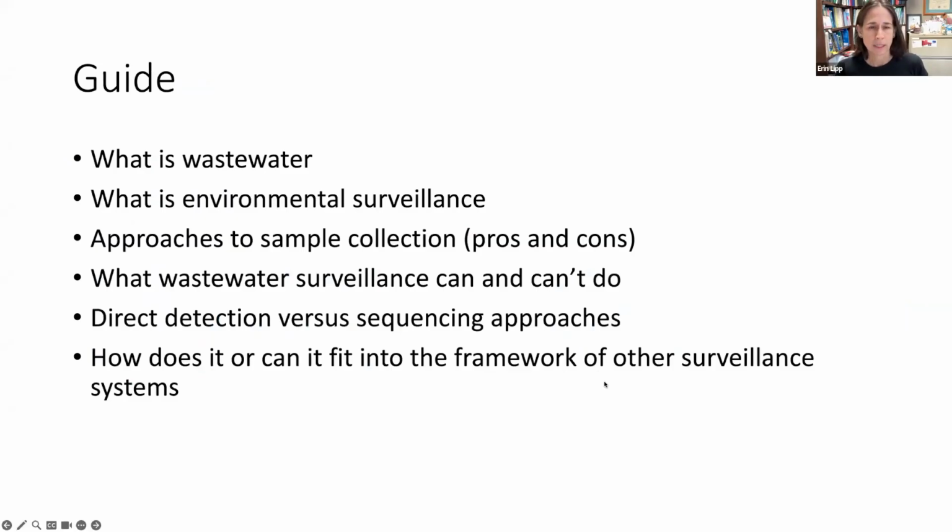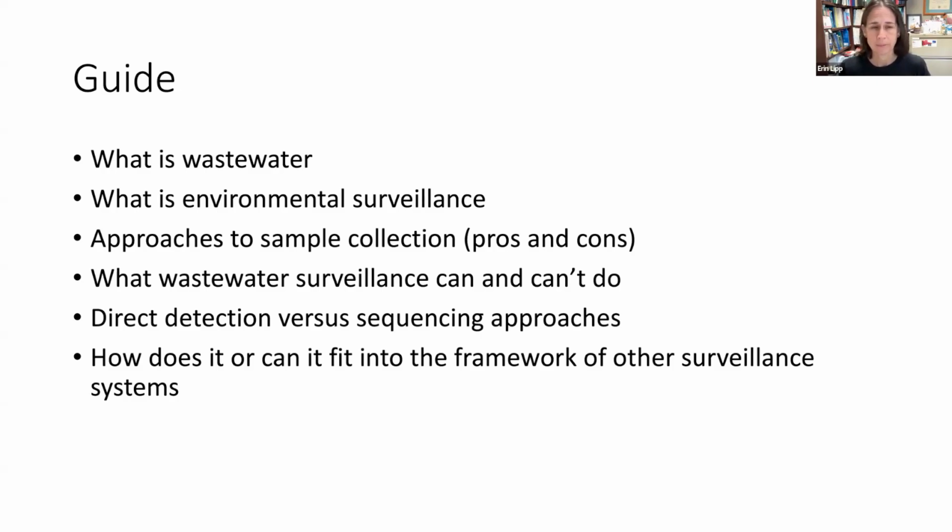So this is the guide for what we're going to go over today. Talk a little bit about what wastewater is and what it means, how that fits into a context of environmental surveillance. And then I'm going to spend some time going into the approaches for sample collection, sample analysis, how you set up a framework for doing wastewater-based surveillance for any number of targets. We'll also talk about pros and cons, what it can and can't do.